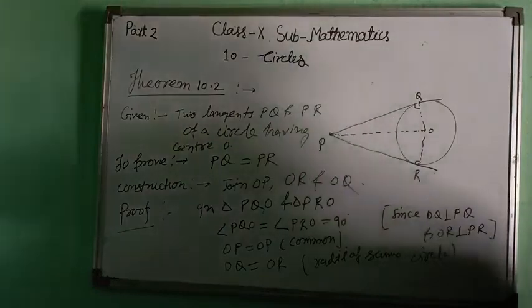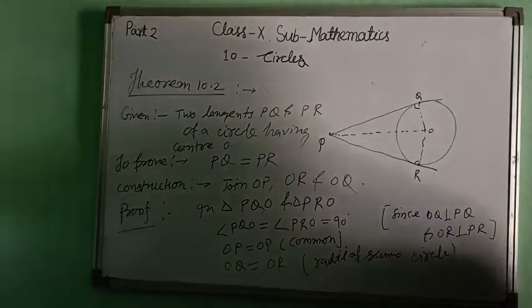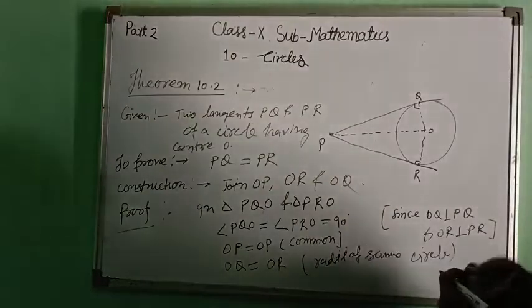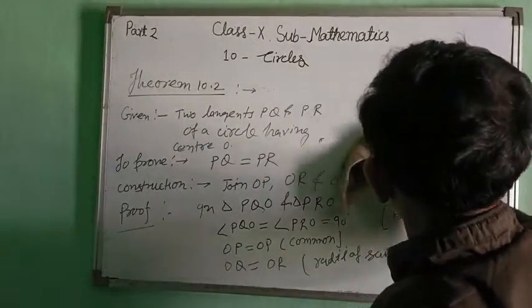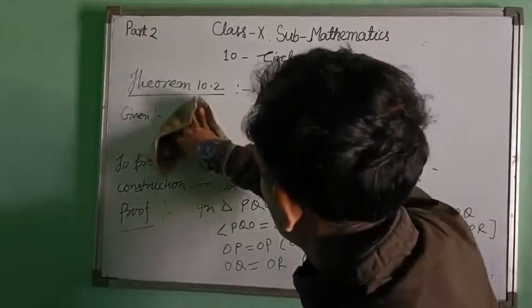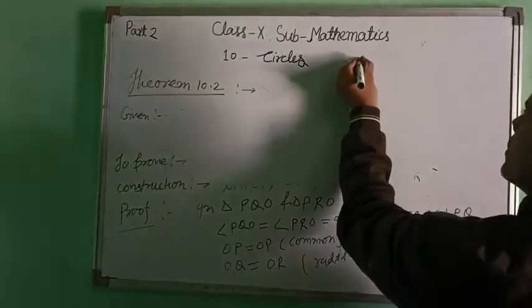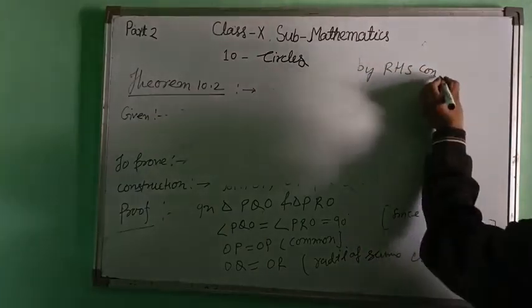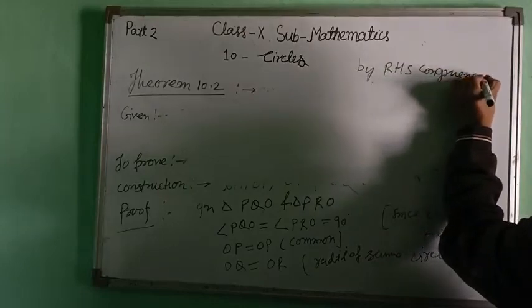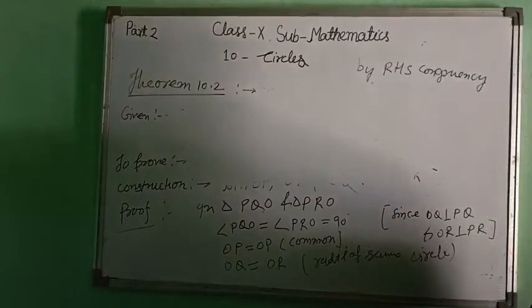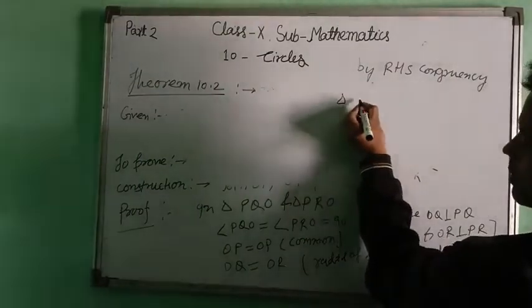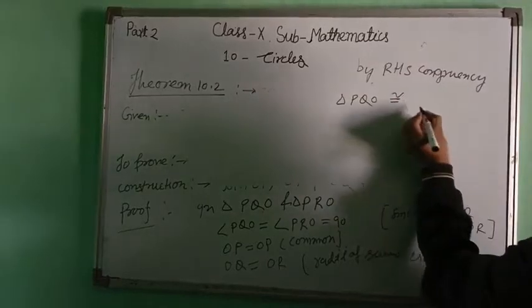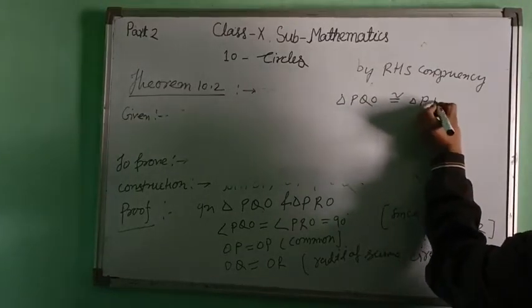So look, by RHS congruency, triangle PQO is congruent to triangle PRO.